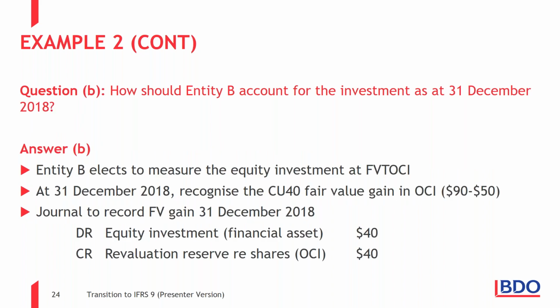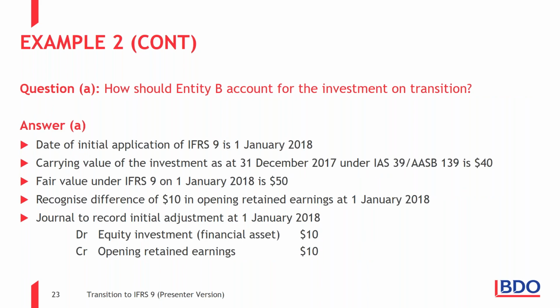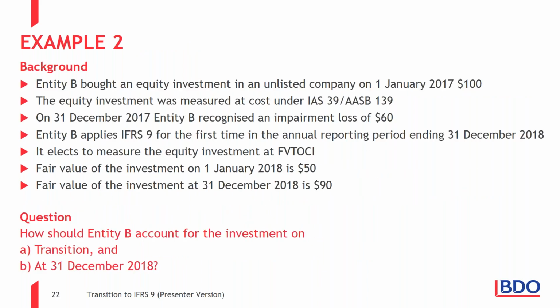So the question is, how should we account for this investment if they decided to elect to account for this equity investment at fair value through OCI? Sorry, I just want to confirm on the previous example. If you go back to example 2, in the background, it says it elects to measure the equity investment at fair value through profit and loss.